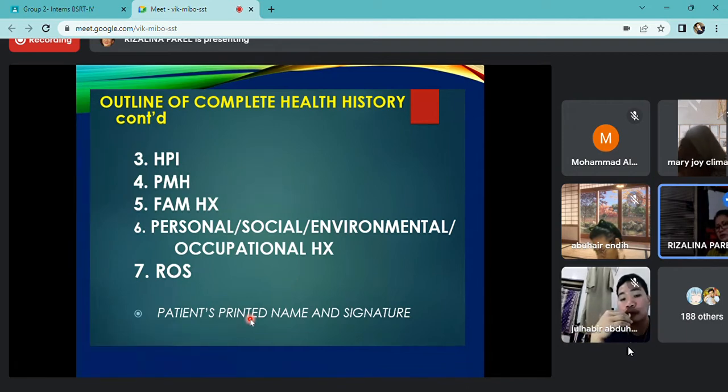So you take down notes of the hereditary and the familial disease. And also, you have to take down notes kung ano yung effect ng family disease nila sa present na nararamdaman ng pasyente. Kung ano yung impact, kung paano siya nagre-recover, kung paano niya tinatanggap yung family disease nila or family history ng genetic disease nila.